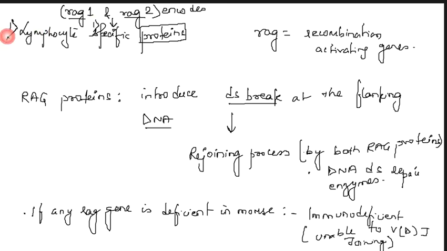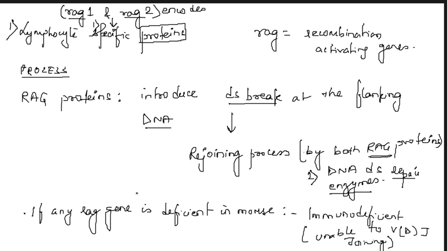Now how does the process go on? The RAG protein will first introduce a double stranded break at the flanking DNA. After the break, there is the joining process, and in the joining process both the RAG proteins are involved, as well as the enzymes for double stranded DNA repair. So this is the second component of the enzyme, which is involved in the repair process.